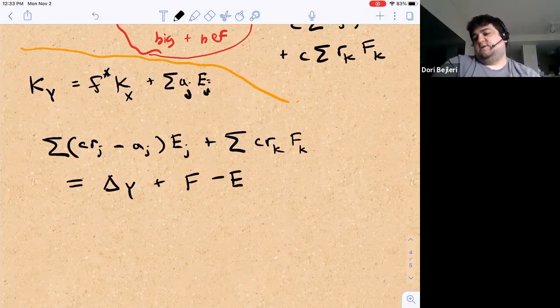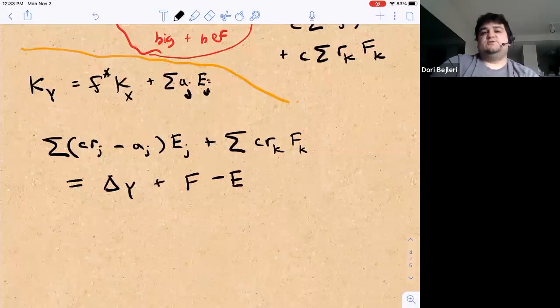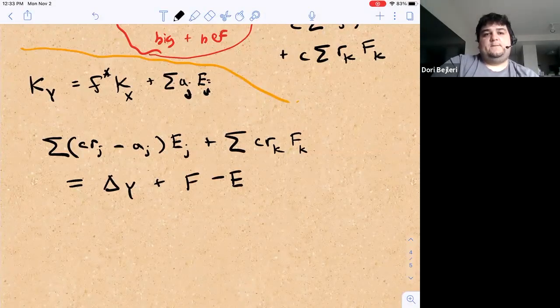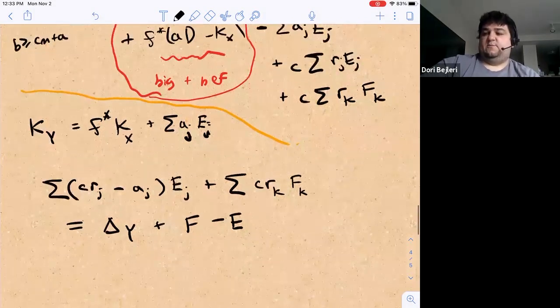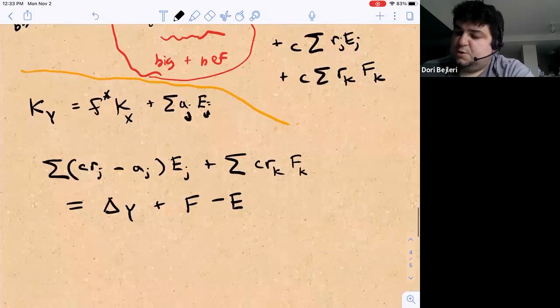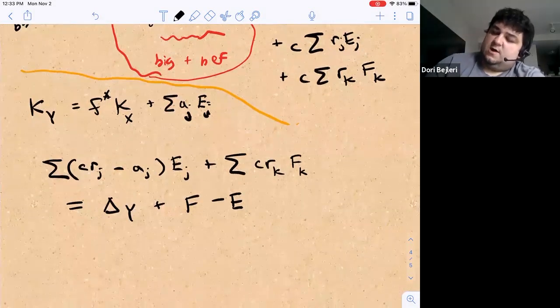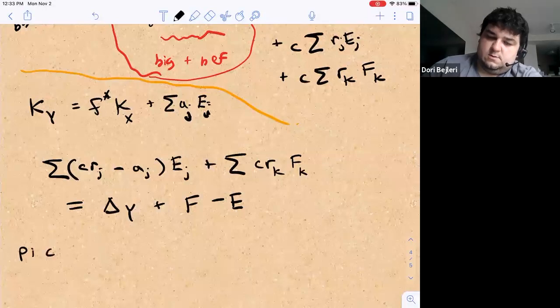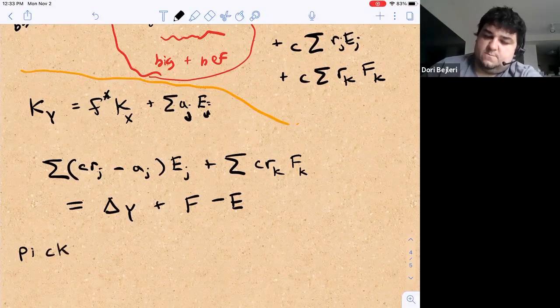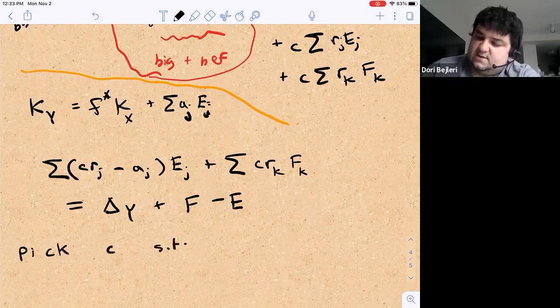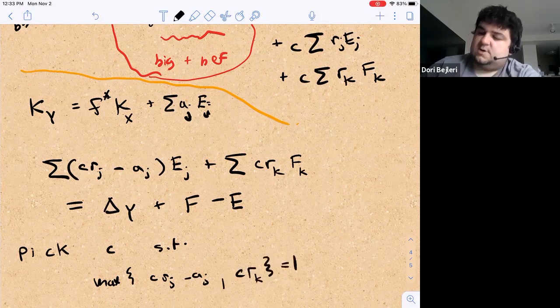And here, what do we have flexibility to choose? We have flexibility to choose the C in this expression. So R and A's are determined by the resolution and by the particular multiple of D that we picked, but we have the flexibility to pick whatever C we want. So how do we get this to be true? We pick C such that the maximum of CRJ minus AJ and CRK is equal to 1.